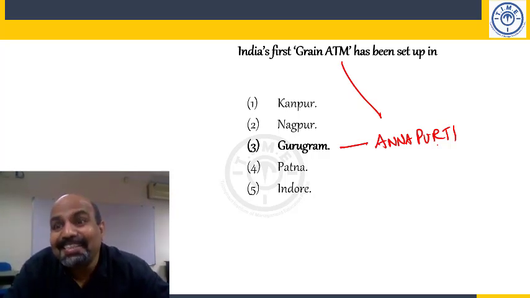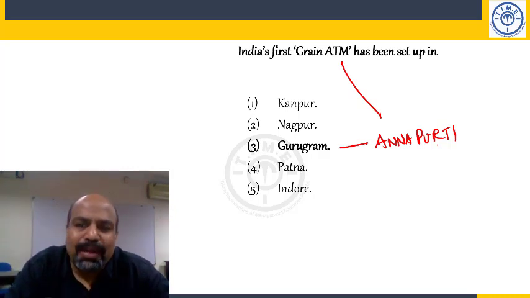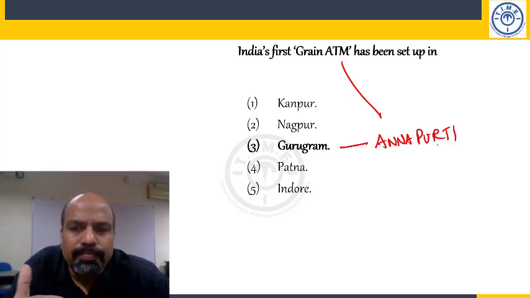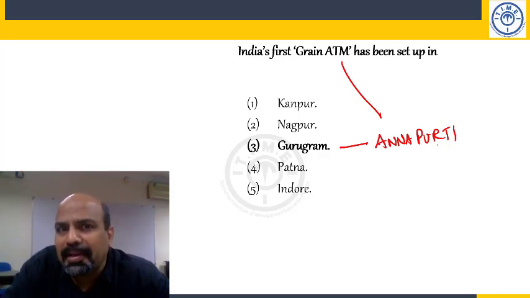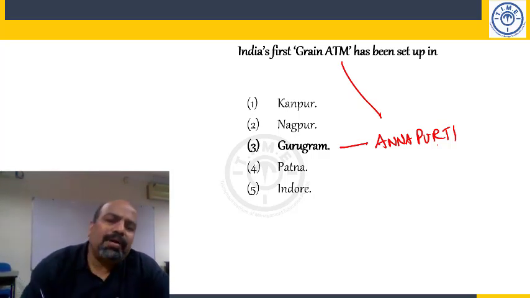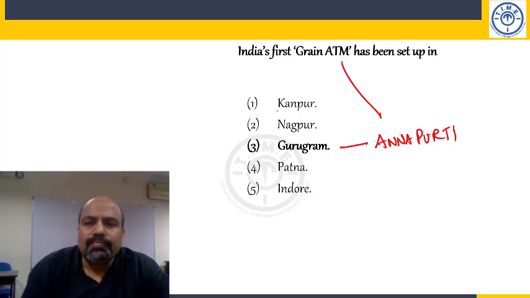It's a part of the World Food Program and Government of India initiative, and it can dispense about 70 kilos of grain in about 7 minutes. Touch screen, biometric, going places. Gurugram, Haryana.